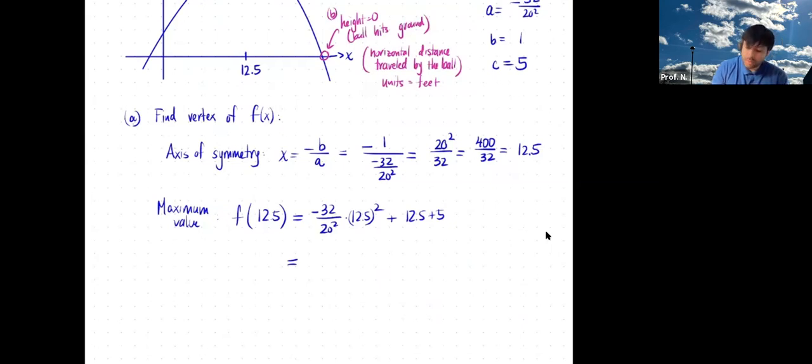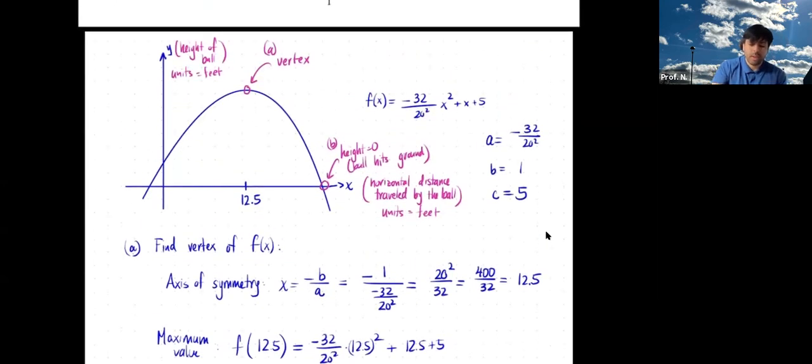What do you guys get when you plug that in? You get 5. The maximum height is 5 feet. It just so happens to be 5. It's not because there's a 5 here.